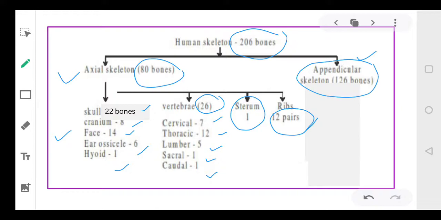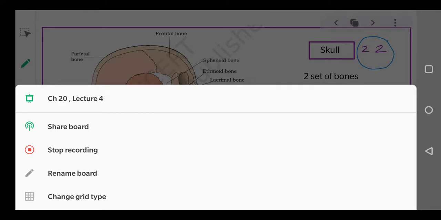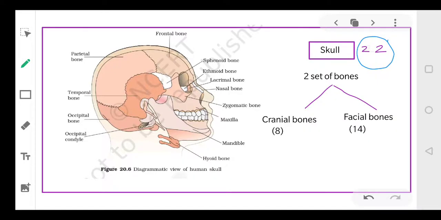Now let's talk about the skull first. We'll be taking all the four separately. Now coming to the skull. As I told you, your skull is made up of 22 bones. How many bones? 22 bones. Okay. Right. So there are two sets of bones.